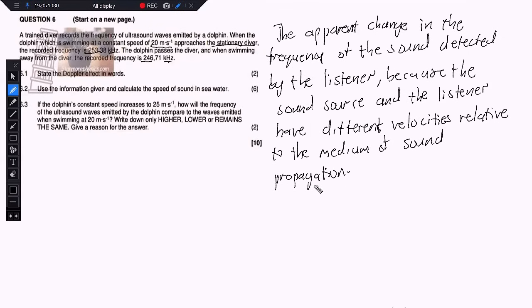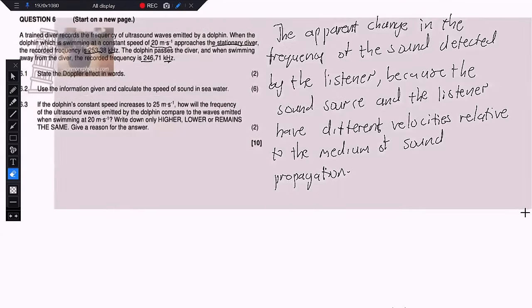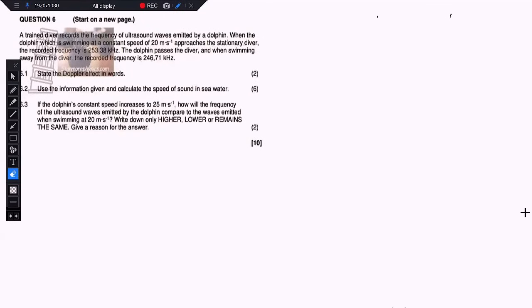Now, this is very simple because you always know for this topic, this is the only definition that you will ever have to define. So you walk into the exam, you must know the definition of the Doppler effect. Then 6.2 says, use the information given and calculate the speed of sound in seawater, 6 marks.